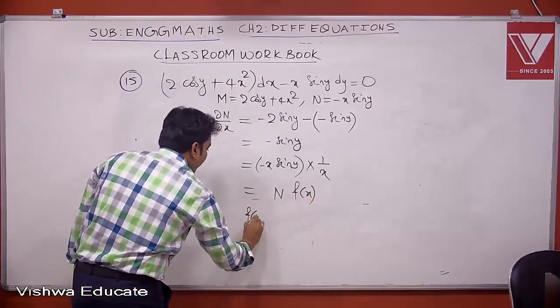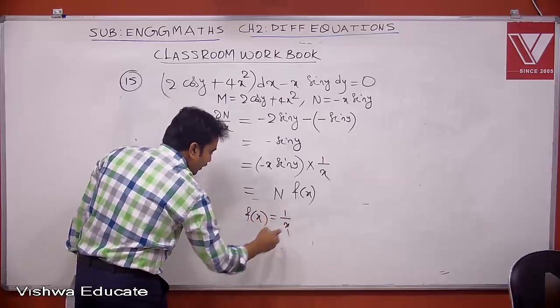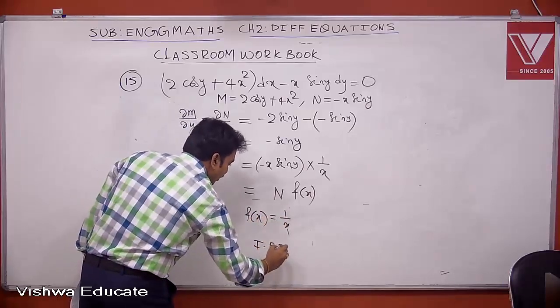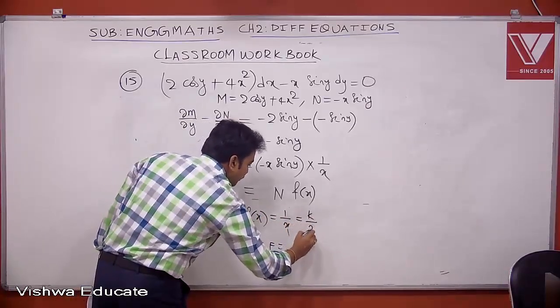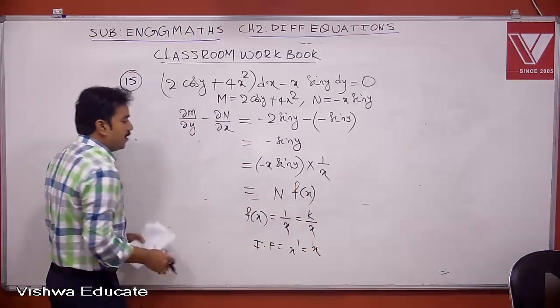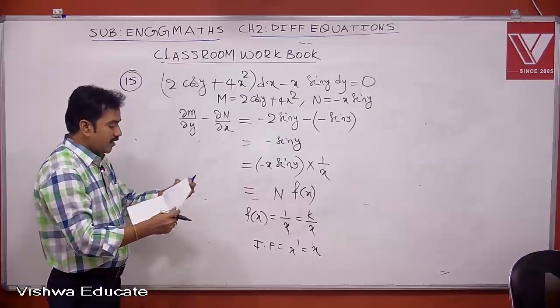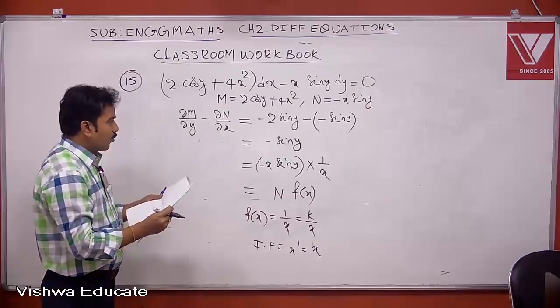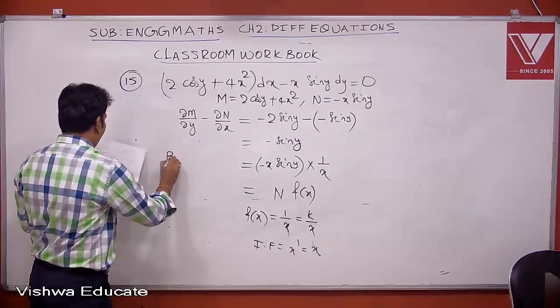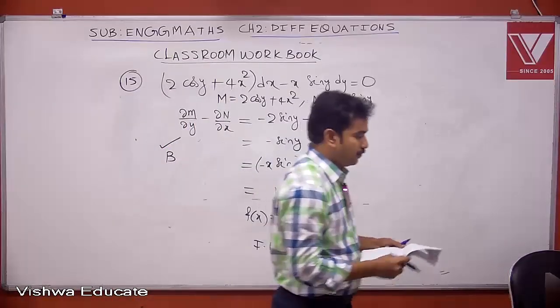So what is f of x? 1 by x. Therefore f of x is k by x, in the form k divided by x. So the integrating factor is x power 1, this is x. Therefore in this case the integrating factor is x. So option B is true. B is the right answer. Note this.